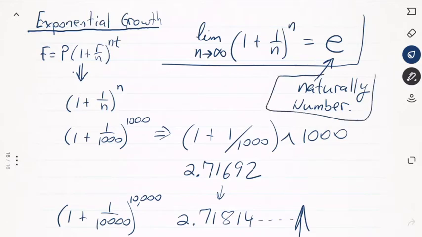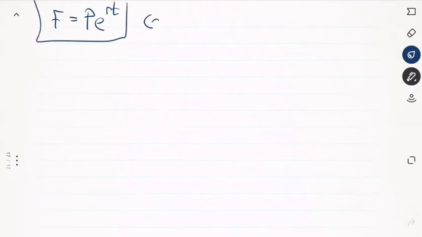And I'm quite sure we talked about this also back when we were talking about compound interest. So that formula is still going to come into play. So that formula was F equals PERT. It had that E in it. So this is continuous growth.